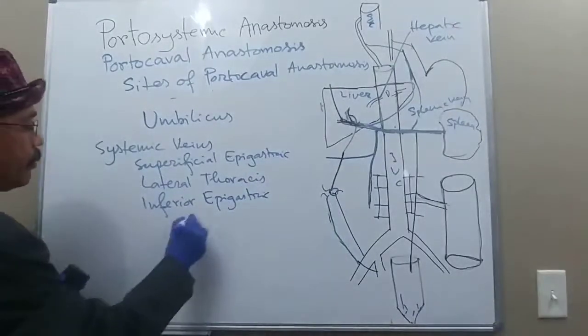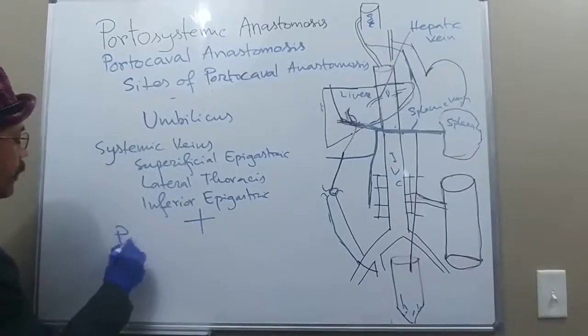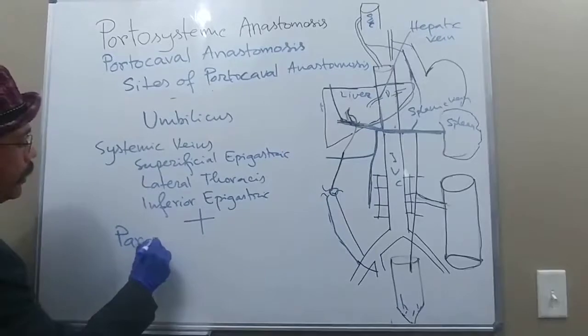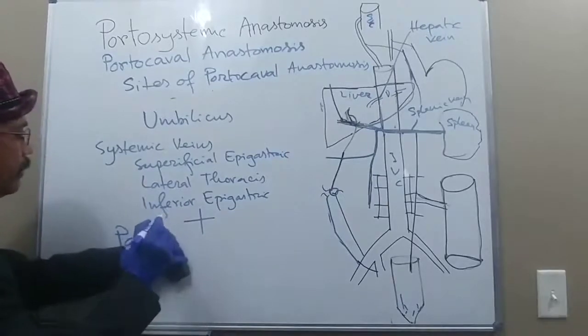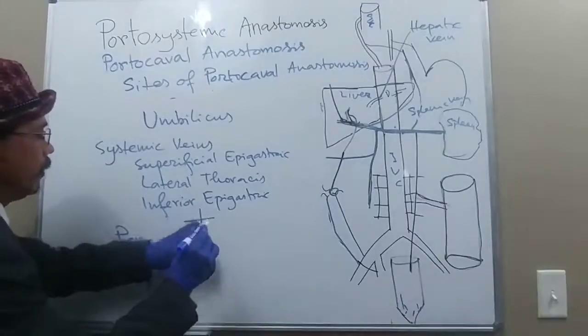They will anastomose with the para-umbilical vein, the umbilical vein.